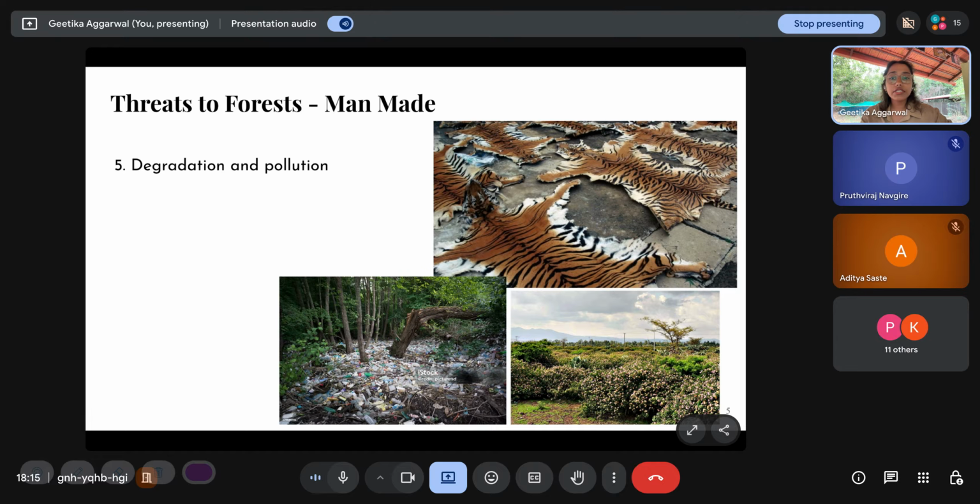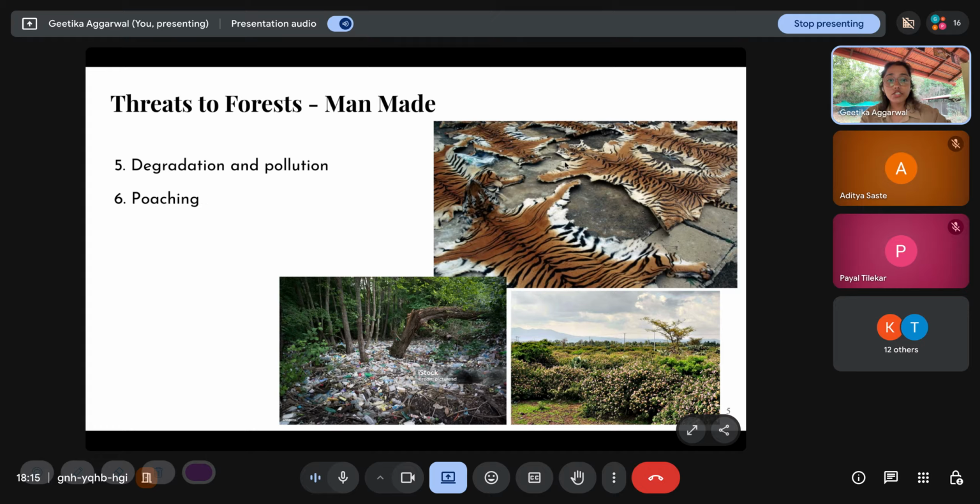So pollution, degradation are big threats to the forests, and they're very imminent threats right now when humans are carrying out so much industrialization and so much processing and stuff is happening. And also with our vehicular transport, we are releasing a lot of sulfides, a lot of carbon monoxide, and all of that into the atmosphere, which leads to a lot of pollution. And like you can see here, a lot of garbage dumping, a lot of landfilling is happening in free areas near cities. So that's again pollution and degradation.